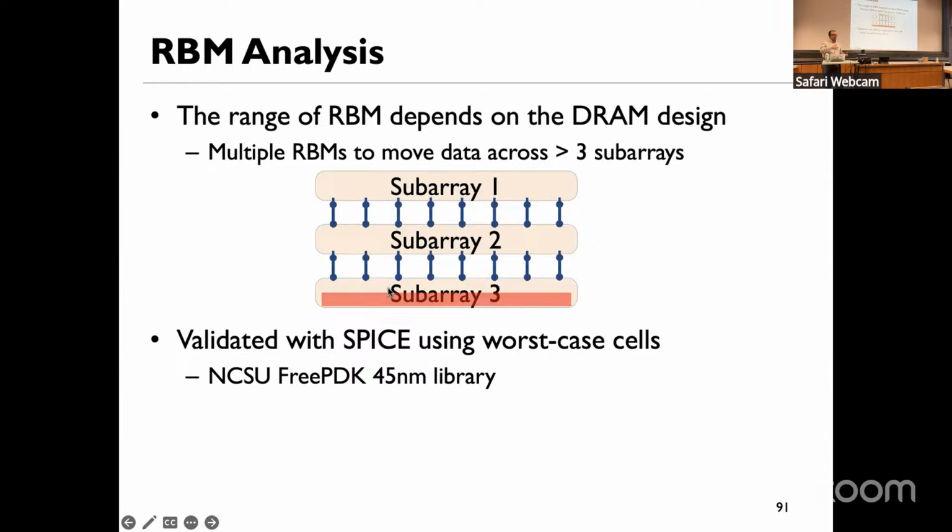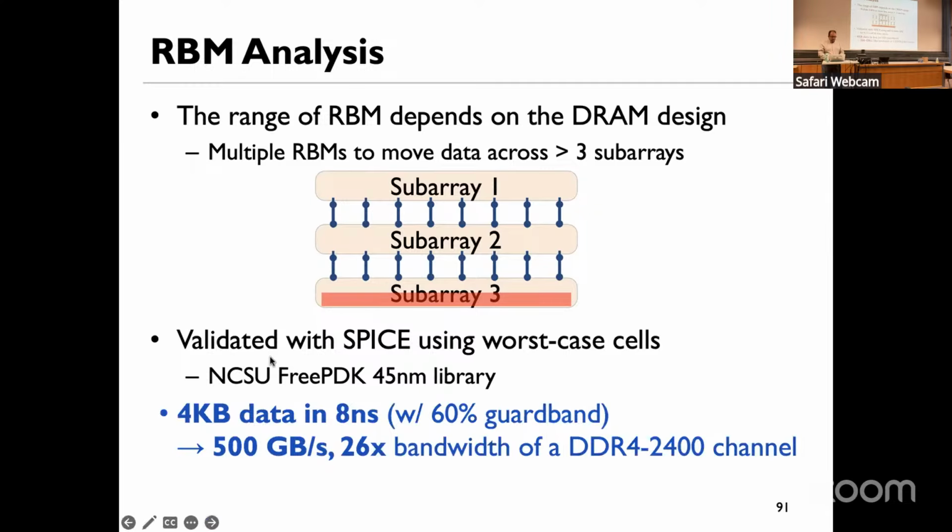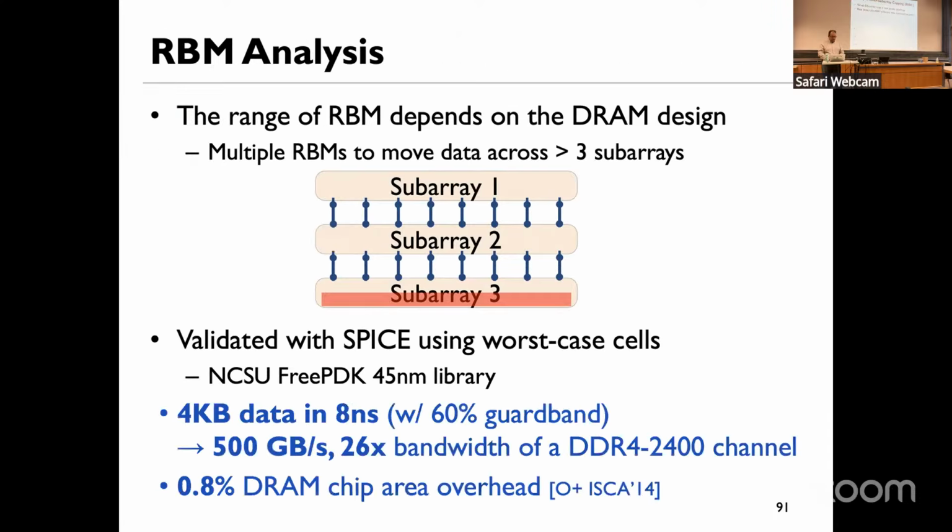These are multiple operations until you get to the destination subarray you're looking for. We did a lot of SPICE analysis on worst-case cells for that, and we observed that this is possible and provides very good performance with reasonable area overhead.